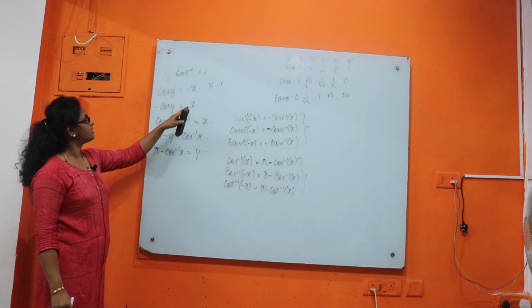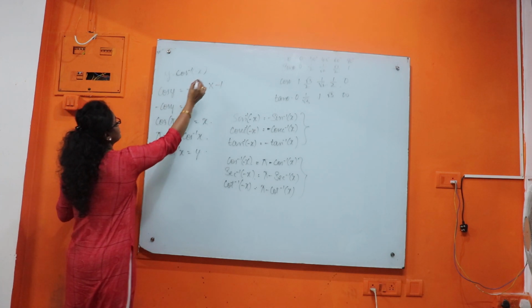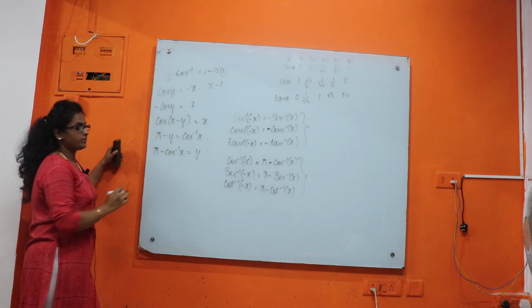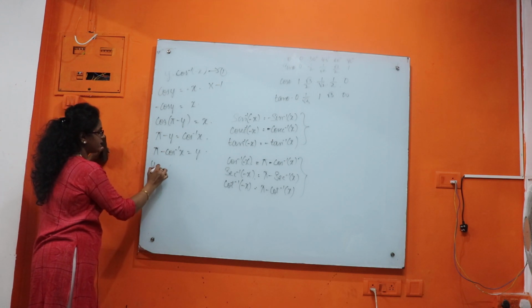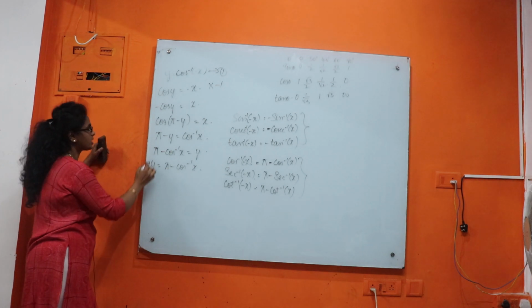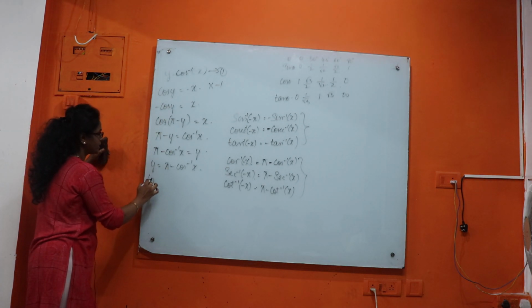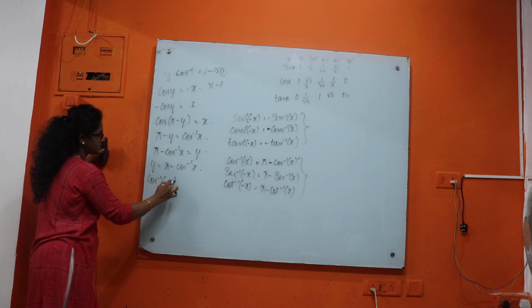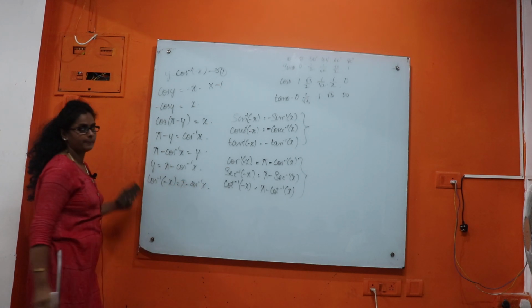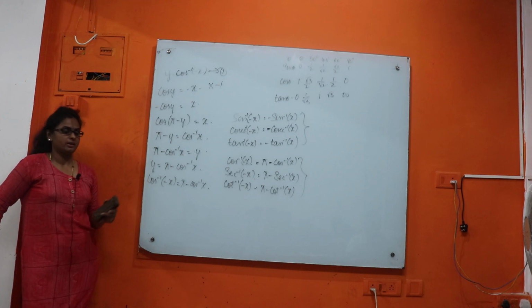Okay. But what is that y we had actually taken here? If you had considered this is 1, what is y? Or else you can write this as y is equal to cos inverse of x. What is y according to that? It is cos inverse of minus x is equal to pi minus cos inverse of x. Got it?